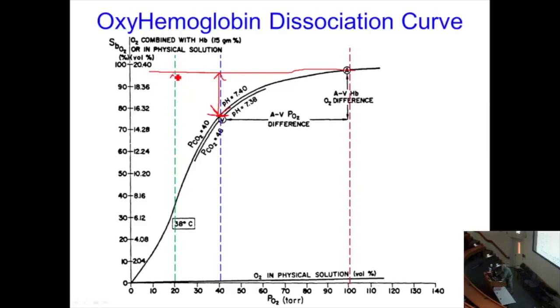Now as the blood equilibrates near this tissue, we're going to release a whole lot more oxygen, because the oxyhemoglobin binding curve is very steep. The steepness in the range of tissue PO2s is very useful. It means that an actively metabolizing tissue will receive a lot more oxygen than a quieter tissue that doesn't need so much oxygen.